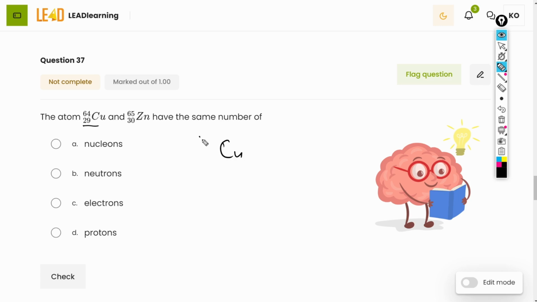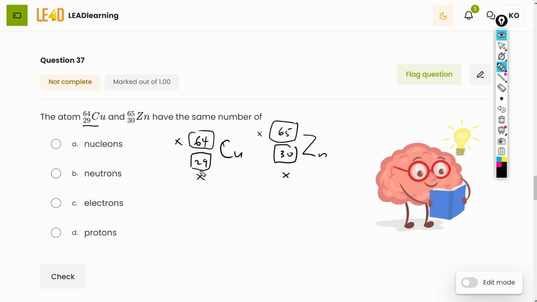Copper 64, 29, zinc 65, 30. Now this number is the proton number, so clearly proton numbers are not the same. This number is the atomic mass. Clearly again, atomic mass is not the same. This is 64 and this is 65.